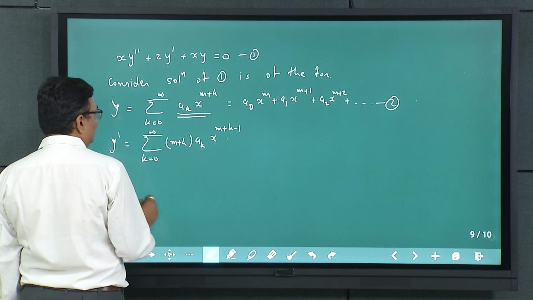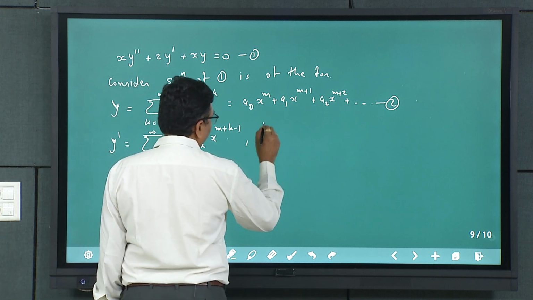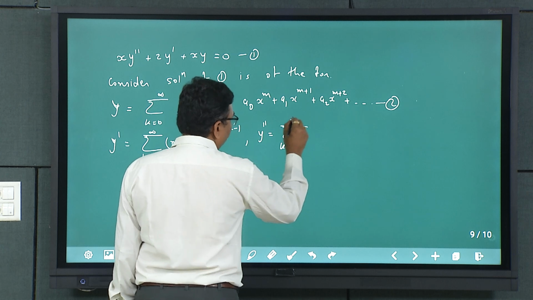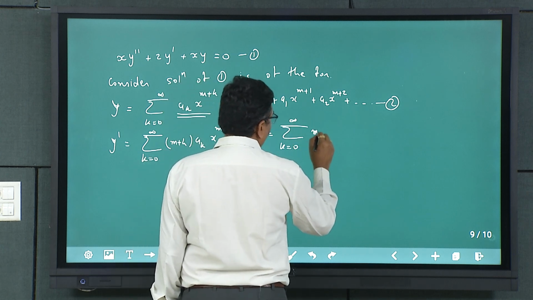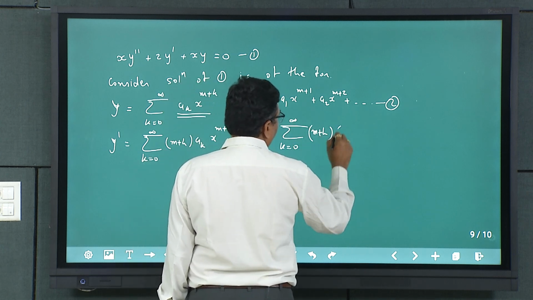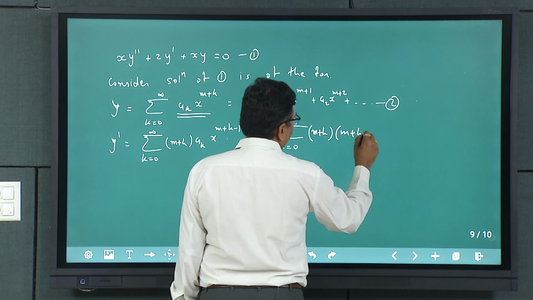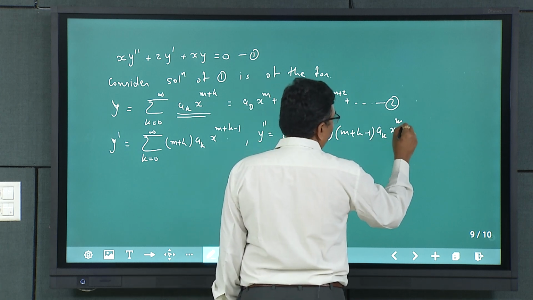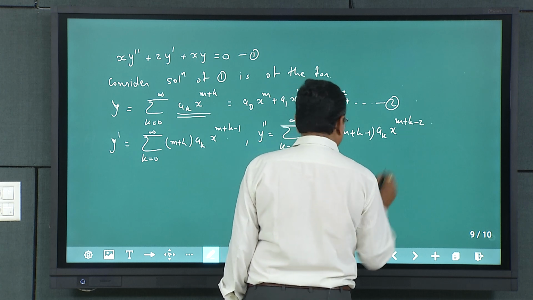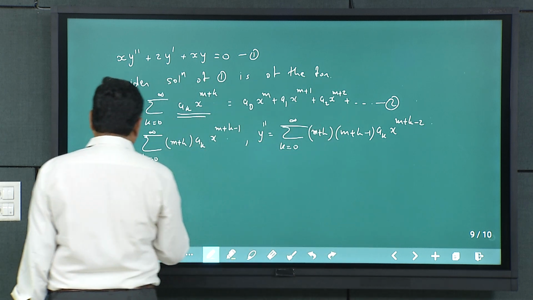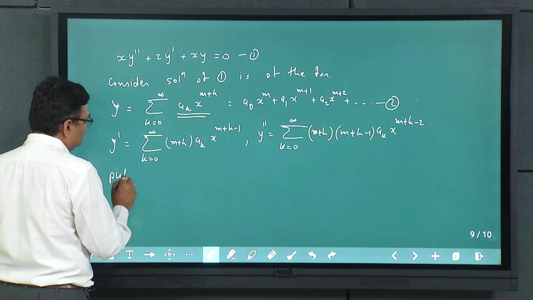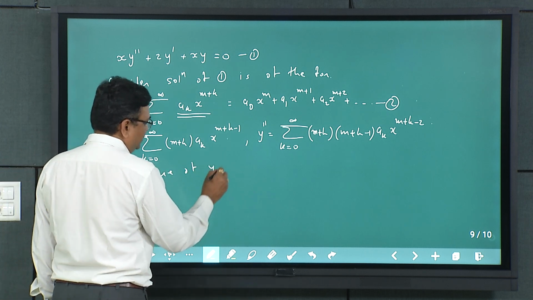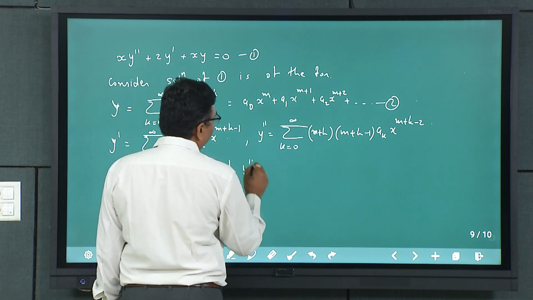Now, y double dash is equal to sigma k is equal to 0 to infinity (m plus k) (m plus k minus 1) a k x raised to power m plus k minus 2. Now, put the value of y dash, y double dash in 1.